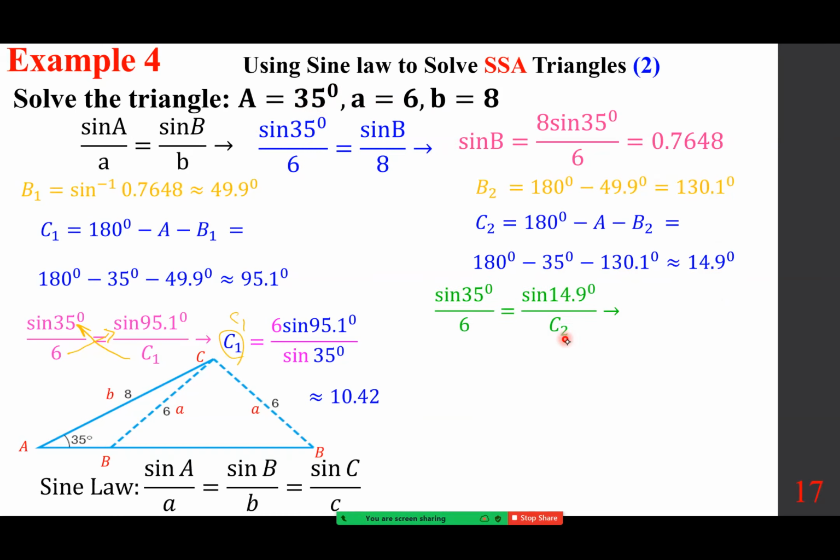Again, this is lowercase c sub 2. Cross product. C sub 2 becomes the product of these two divided by this one. And using a calculator, that gives us 2.69.